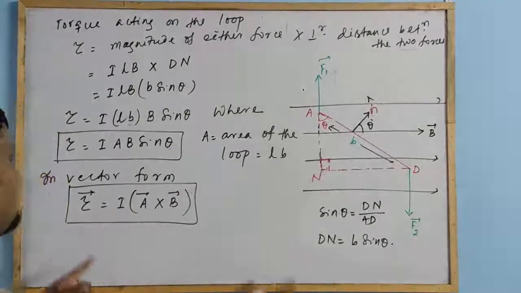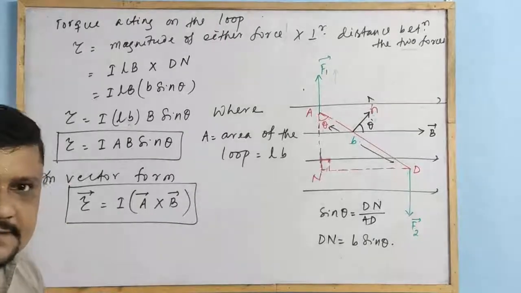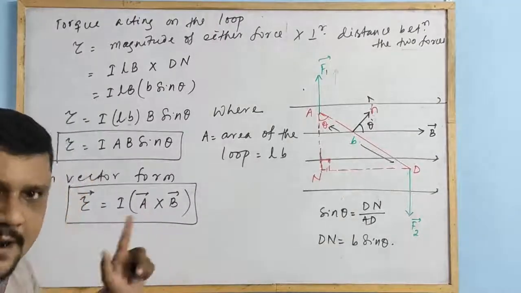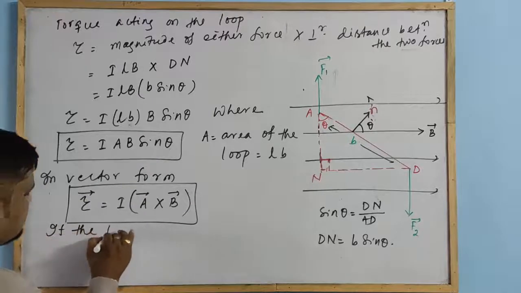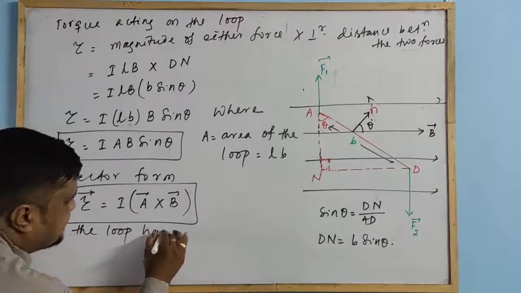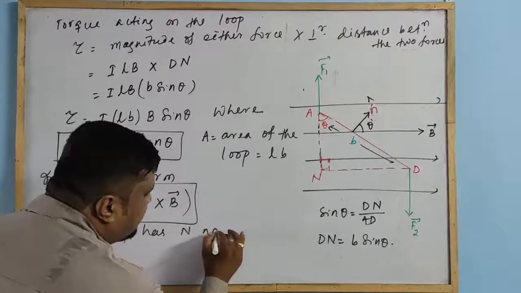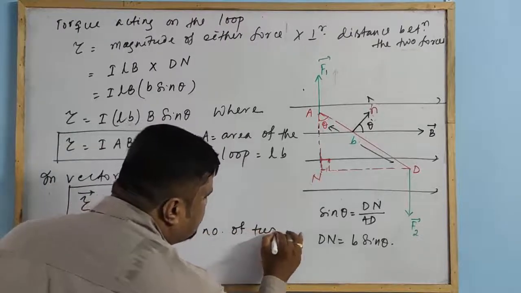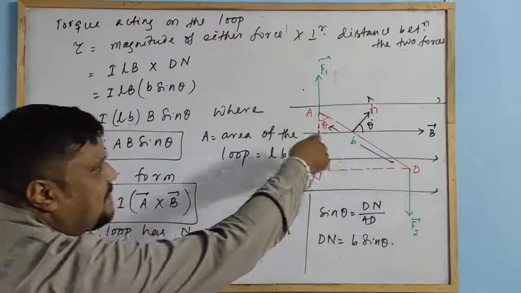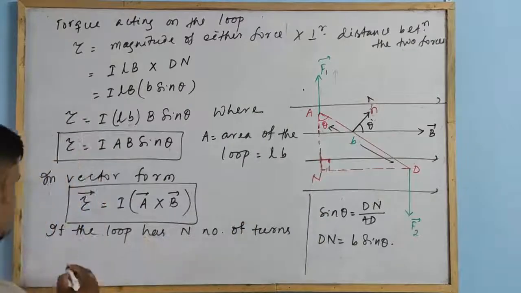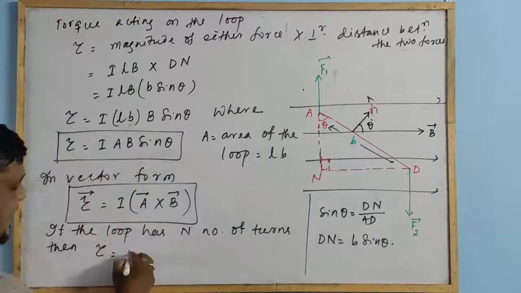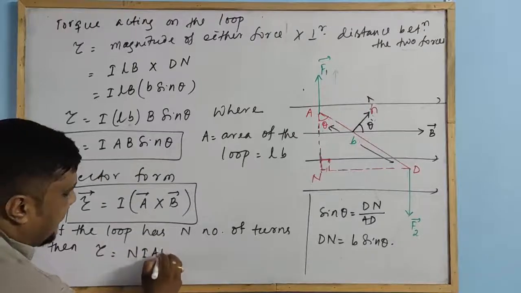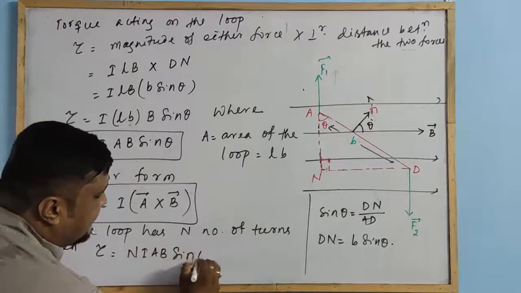Clear? If the loop has n number of turns, in this loop n number of turns, then the magnitude of tau is equal to n I A B sin theta.